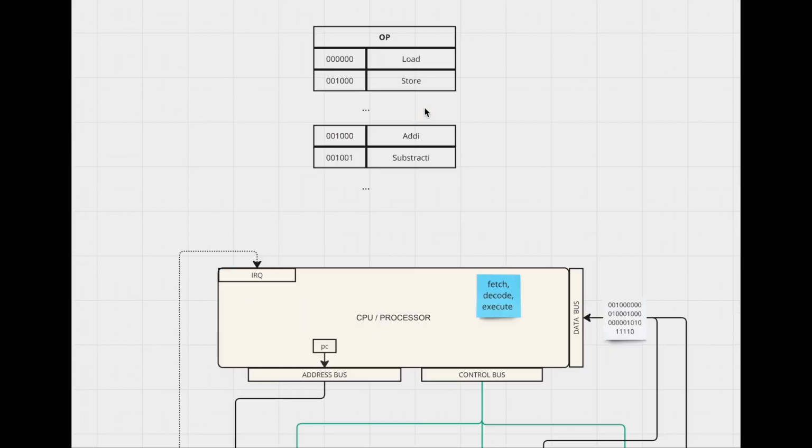So every CPU usually comes with an instruction set, and this instruction set helps you to know what instructions the CPU can actually do.